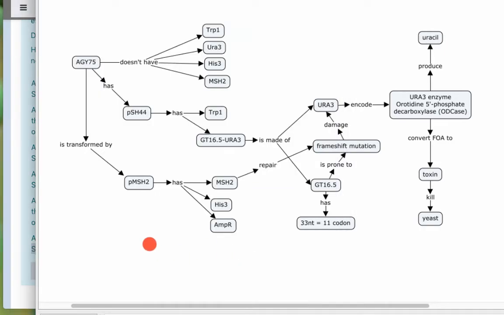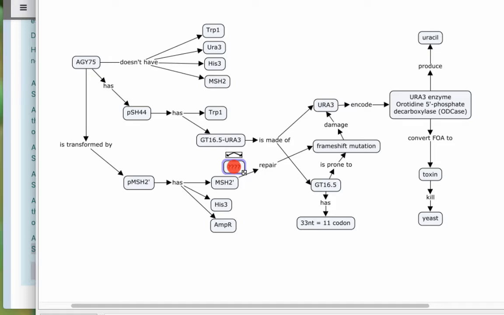Looking at the genotype, the first strain is yeast AGY75 transformed with plasmid PMSH2. The second strain is AGY75 transformed with the mutant PMSH2, and the mutant MSH2 in this question is assumed to be non-functional.